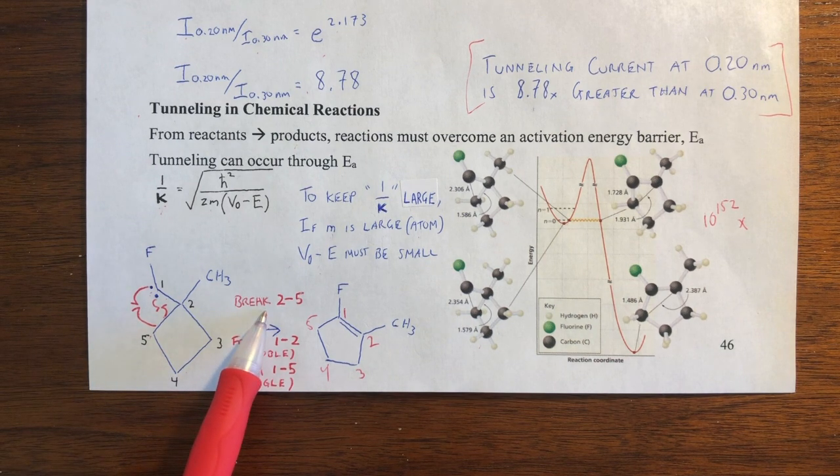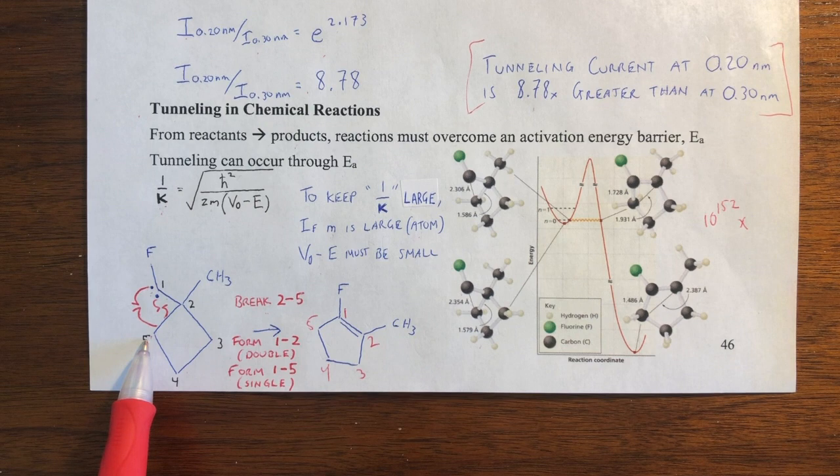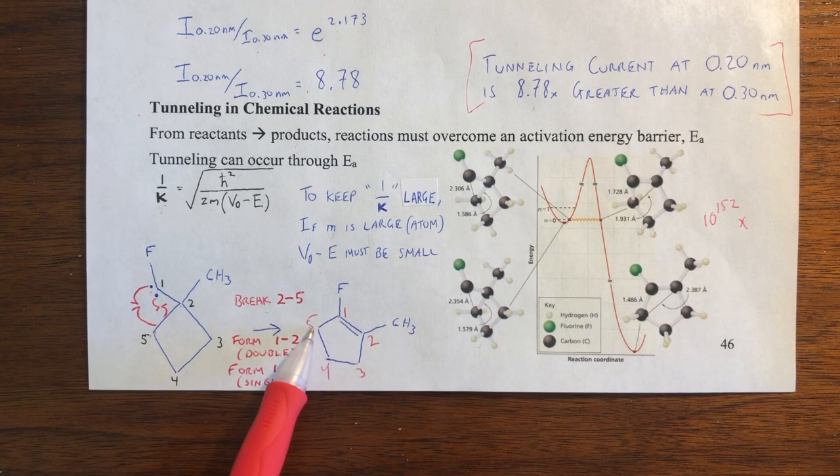Overall, we're breaking a bond between carbon 2 and carbon 5, and we're forming a bond between carbon 1 and 2, which forms a double bond, and we're forming a bond between 1 and 5, which forms our new single bond. And that can be seen here, where we have formed another bond between 1 and 2, we have formed a new bond between 1 and 5, and we've broken the bond between 2 and 5.